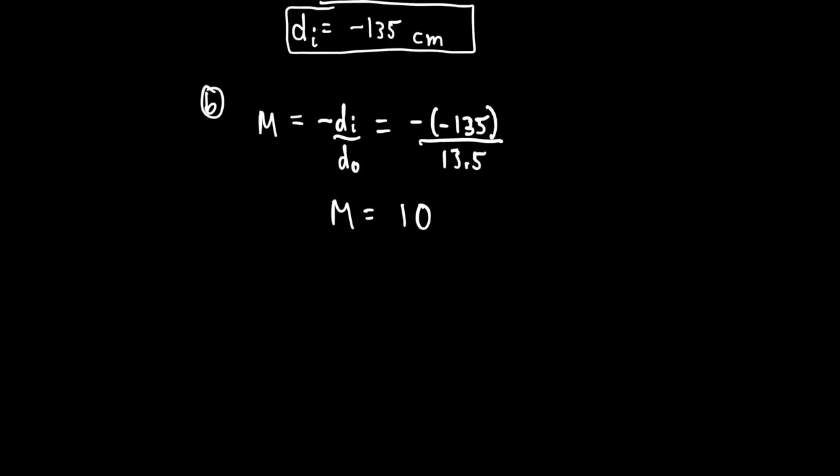Then the last part of this was asking, how big is the image of a 5 millimeter diameter mole? So how big does this mole look through this magnifying glass? How would I figure it out?